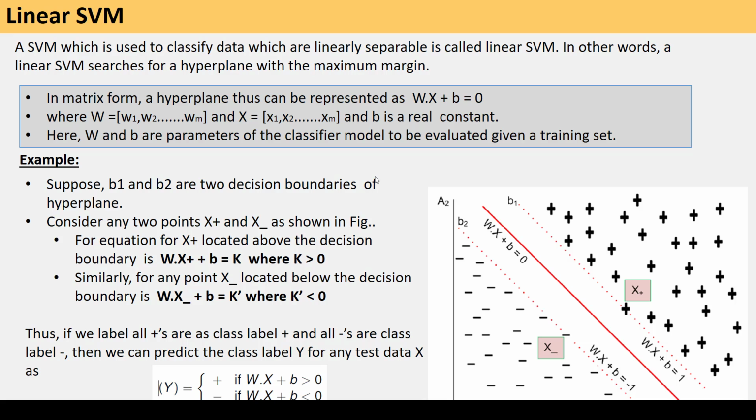So if you take a training data set and you are trying to find the class label y of any data point and put that in an expression, the value of the label will be positive if w dot x plus b is greater than 0, and it will be negative if w dot x plus b is less than 0.